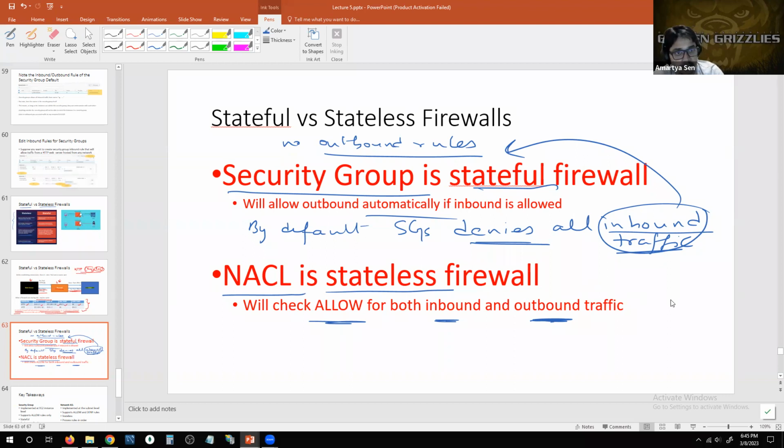But as a good security practice, even though this is going to allow the outbound rules by default, if there is ever a requirement for you to give a different behavior for the inbound and outbound traffic pair for any kind of communication that is being established, then you have the capability to change that for security groups itself.